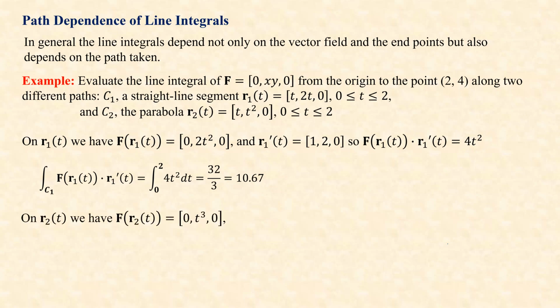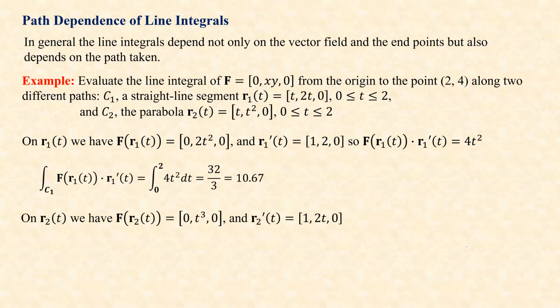Along the other path, the parabola, f of R2 is 0, xy, where this is x and this is y, so xy becomes t cubed, and the vector is 0, t cubed. And R2 prime becomes 1, 2t, and 0.